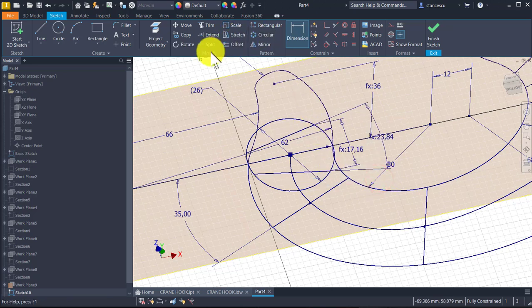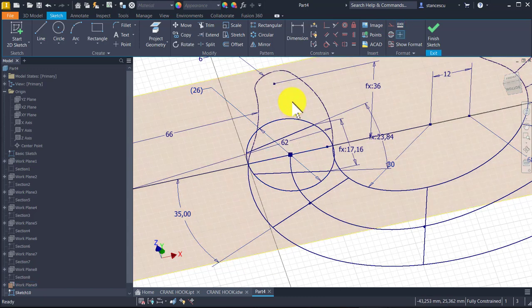Okay, split, double split, one split, other split. Construction, this I keep shift, this and this, they are construction.